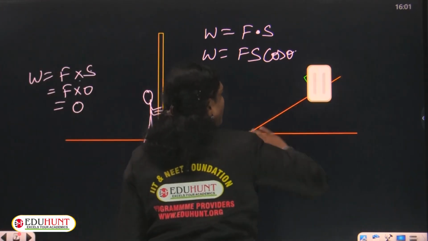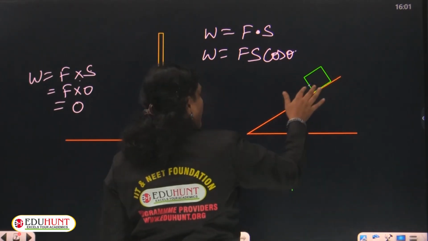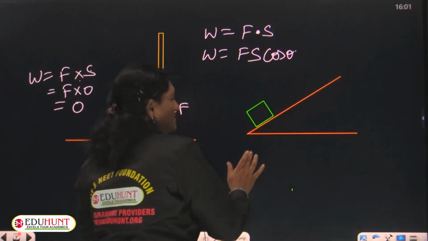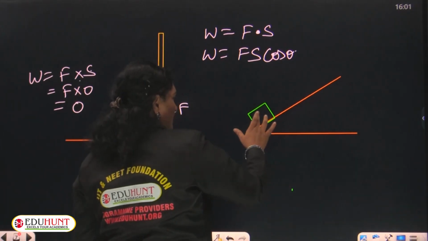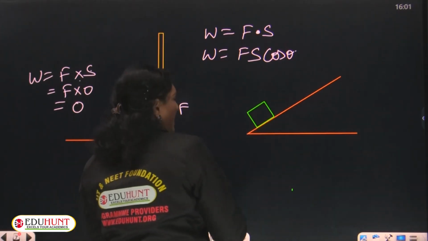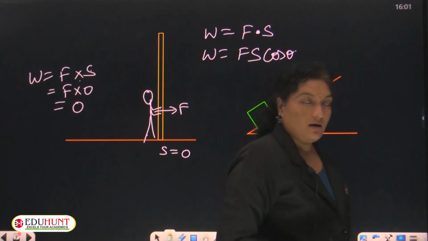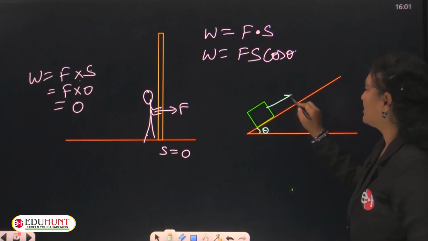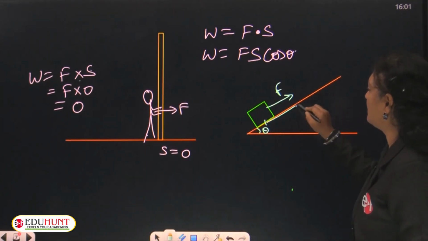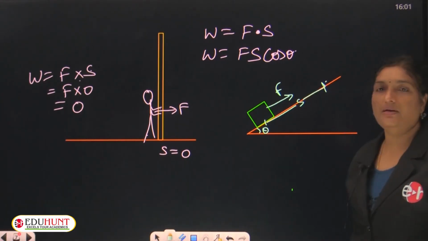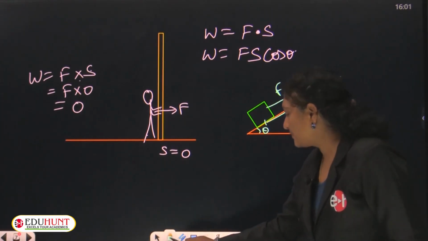The same can be discussed in the later case. Let us suppose that the body is somewhere down on the inclined plane with angle theta, and by application of some force, the body is displaced through some distance from here to here.